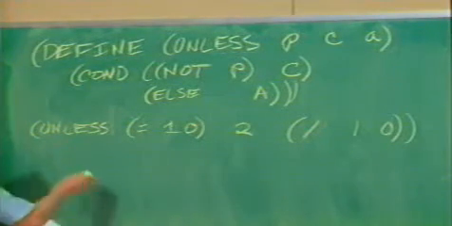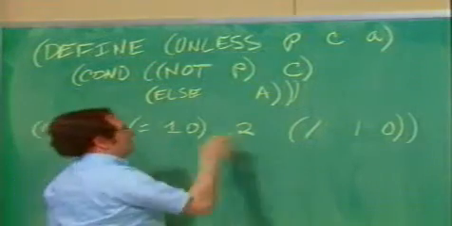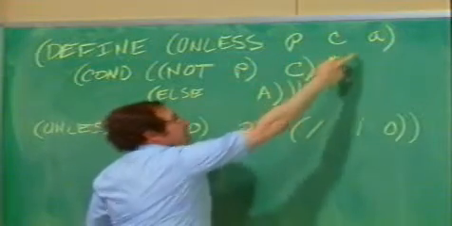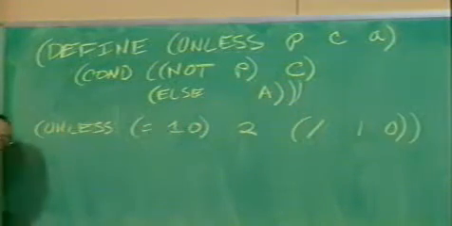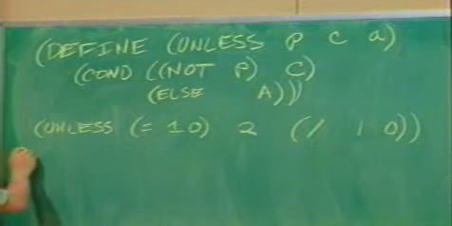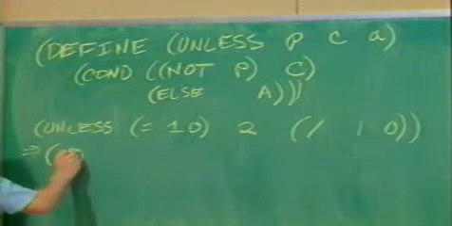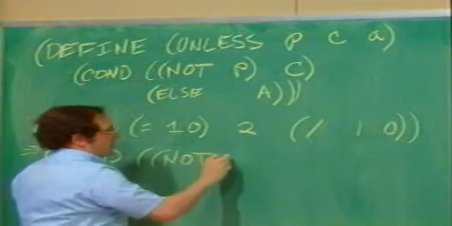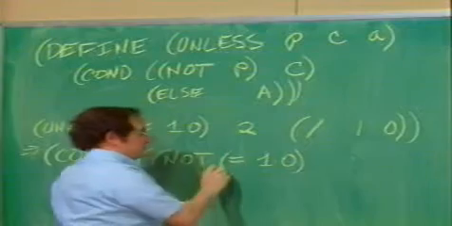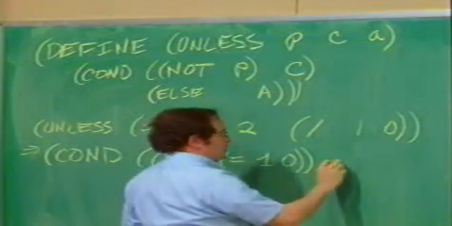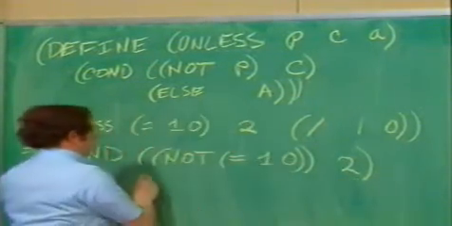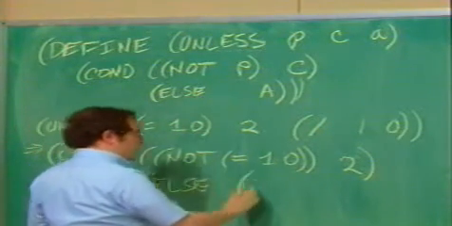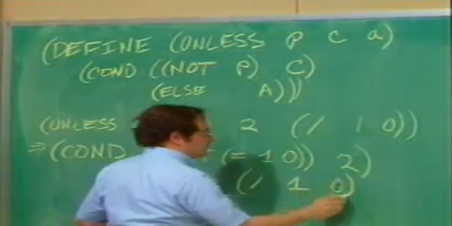What I'd like that to mean is the result of substituting equal 1, 0 and 2 and the quotient of 1, 0 for P, C, and A. I'd like that to mean, and this is funny, I'd like it to transform into or mean cond not equal 1, 0, then the result is 2. Otherwise, I want it to be the quotient of 1 and 0.